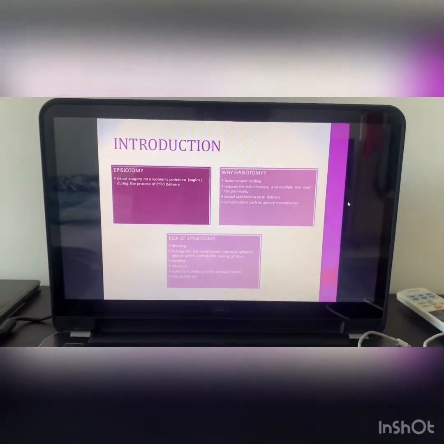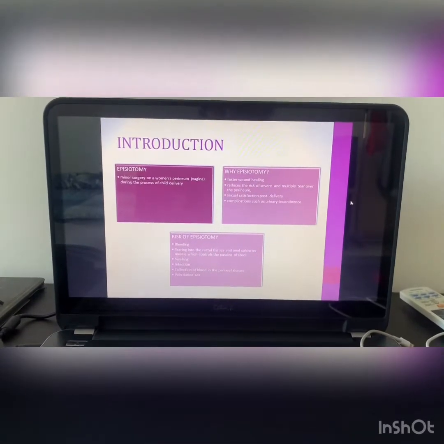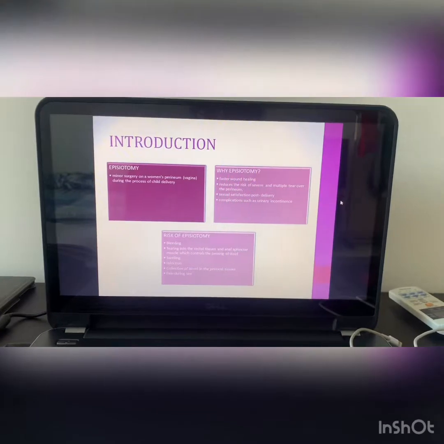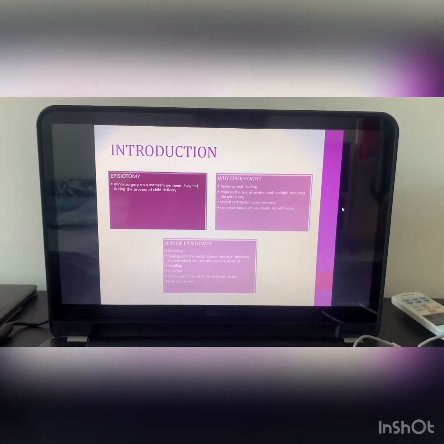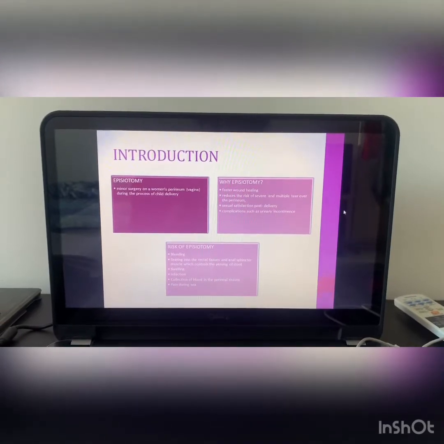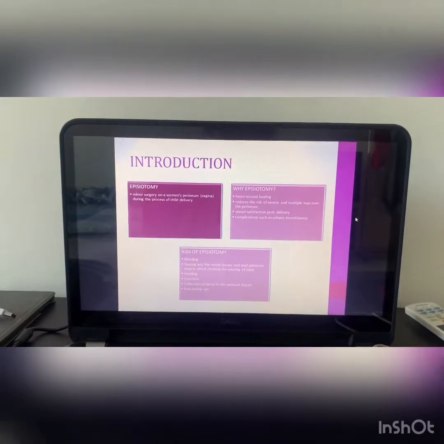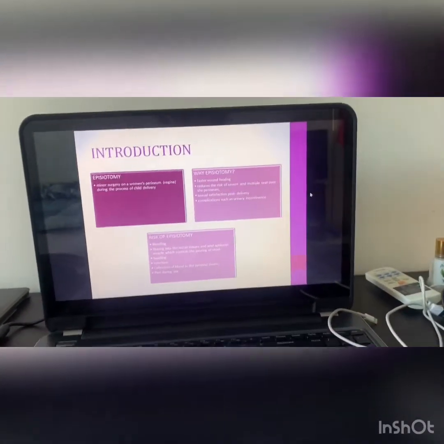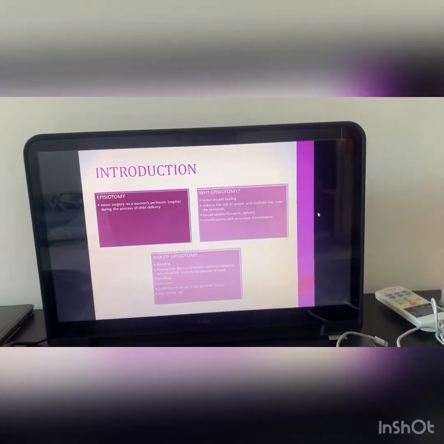If it is done manually by the house surgeons, the wound will heal faster, the risk of severe and multiple tears is reduced, and the sexual satisfaction post delivery is increased. It will be normal, and the complication of urinary incontinence will be reduced.